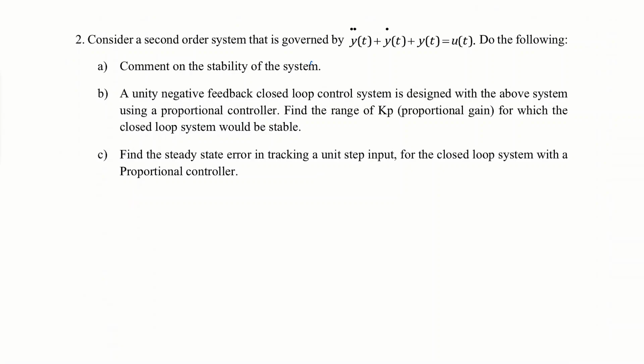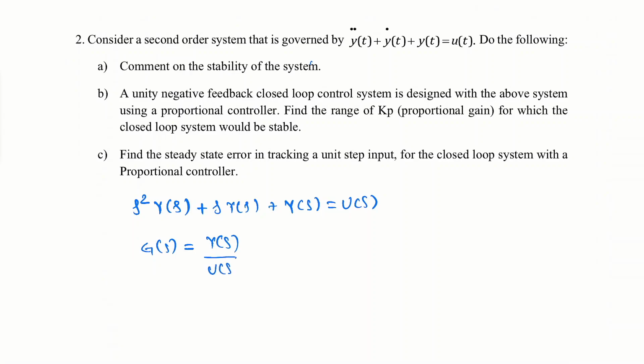So let's start here. I'll directly start with taking the Laplace transform: s square Y of s, and we'll also substitute 0 initial conditions, so that we get s Y of s plus Y of s is equal to U of s. The transfer function G of s is Y of s over U of s. So let's look at the poles.